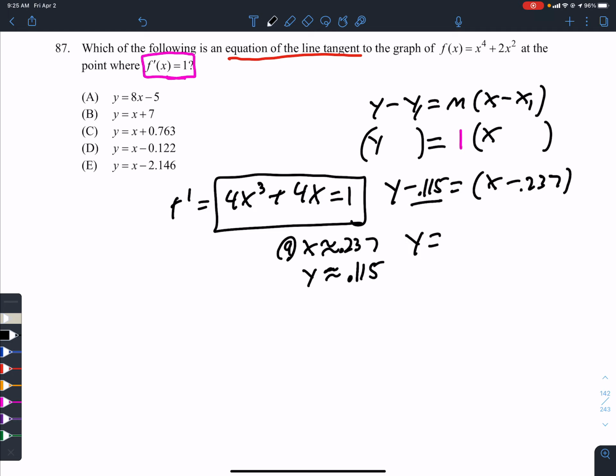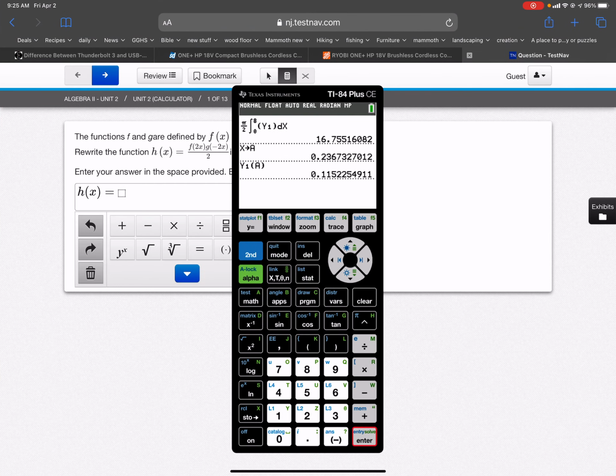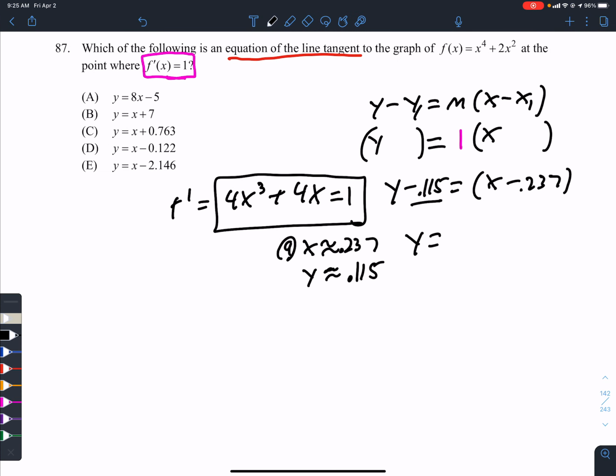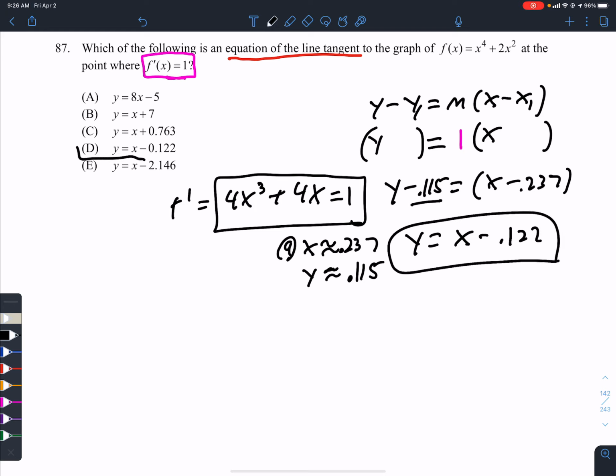So if I take negative 0.237 and add 0.115, I get negative 0.122. So it's going to be y equals x minus 0.122, and there's our answer, D.